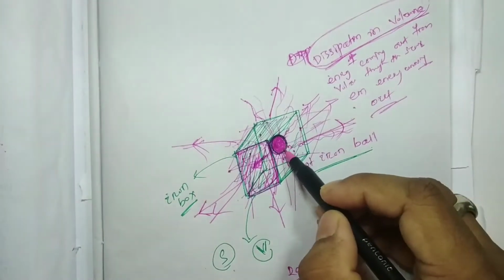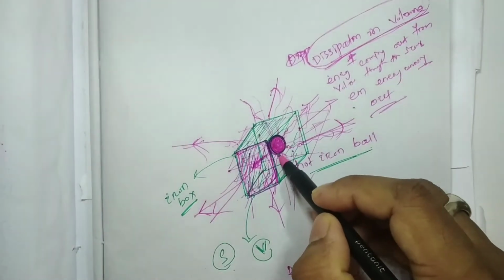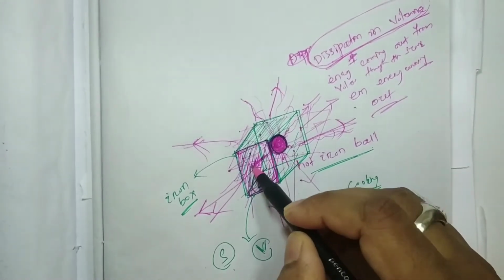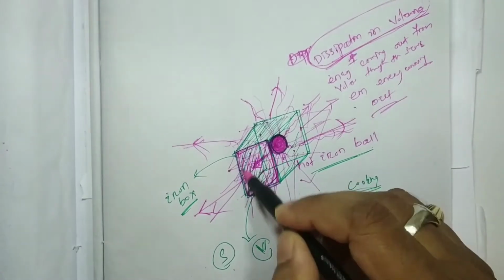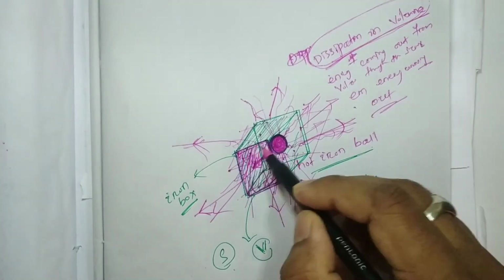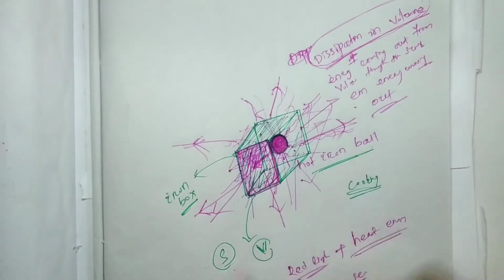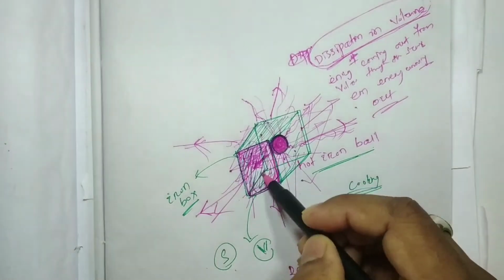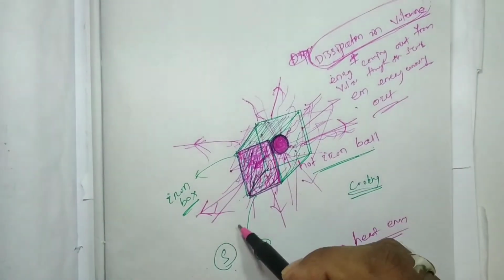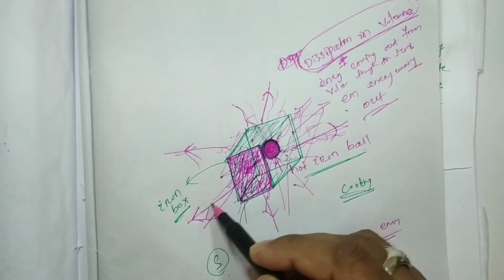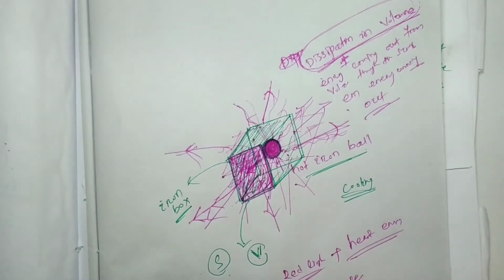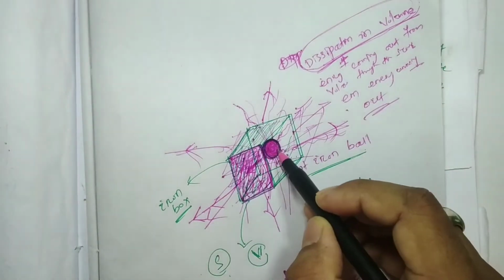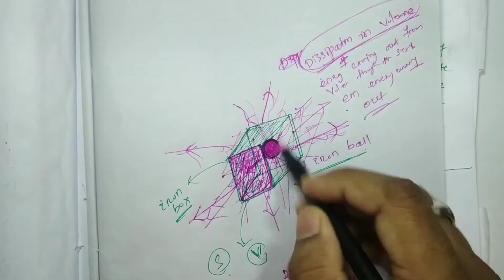So the total energy decreased by this iron ball is first utilized to increase the temperature of this wall, or to heat the iron wall of this iron box, and the rest of the energy is going to come out from this iron box.